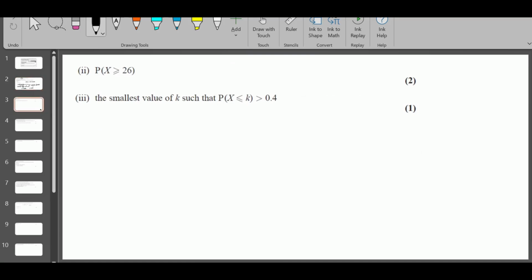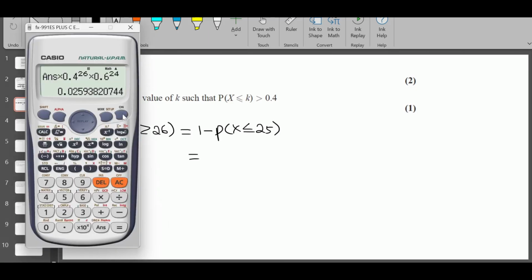Let's look at part B. P of X greater than or equal to 26 is the same as 1 minus P of X less than 26, or less than or equal to 25. So let's get the table value, or you can use a calculator also. Go to distribution, binomial CD. We don't need the list, we need a particular value.